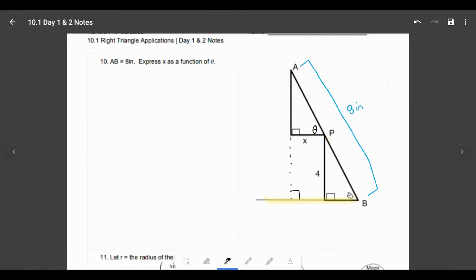Okay, so then moving on from here, what I'm going to notice is that since it gave me side AB was 8 inches, and on both of these smaller triangles, that makes up part of the hypotenuse for both of these triangles.